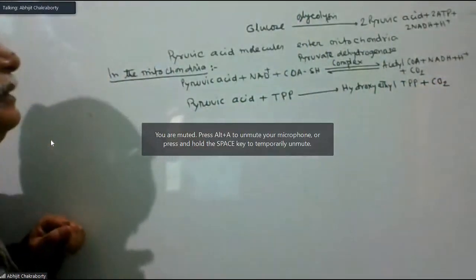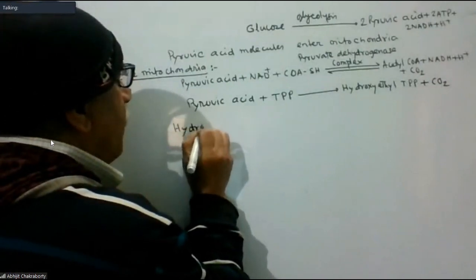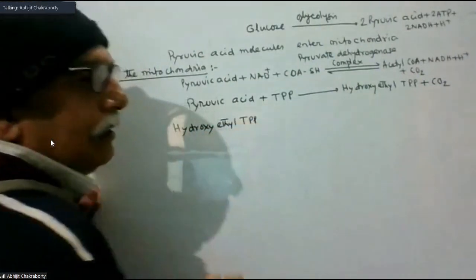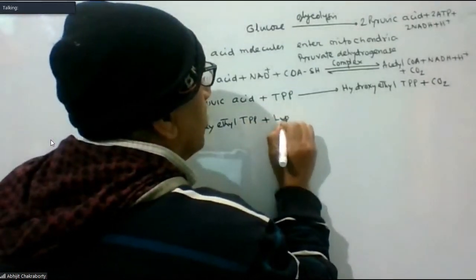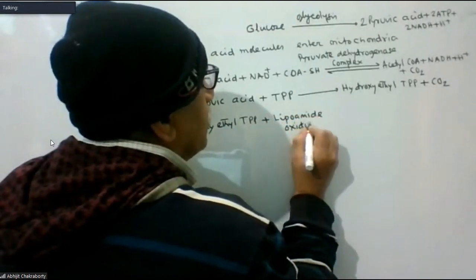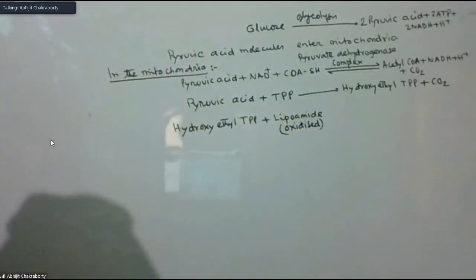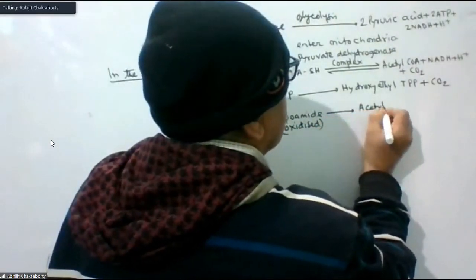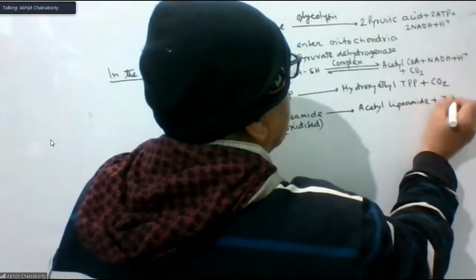The first step. Next step, hydroxyethyl TPP and lipoamide oxidized to form acetyl lipoamide, and TPP becomes free.